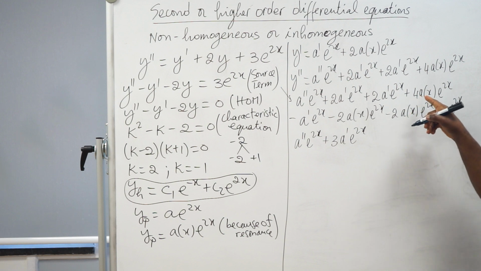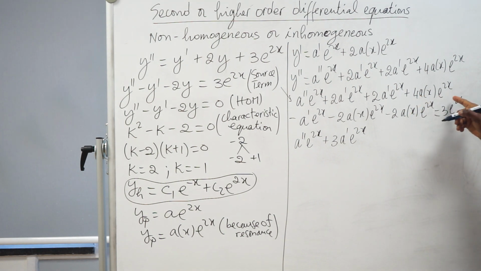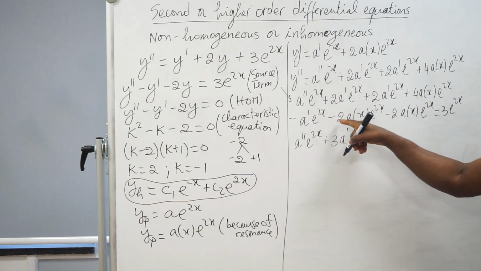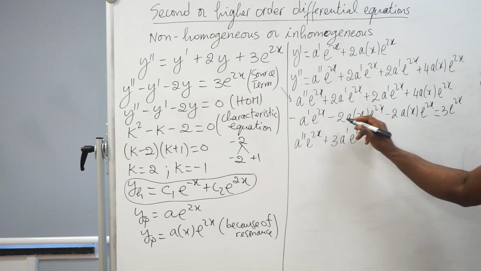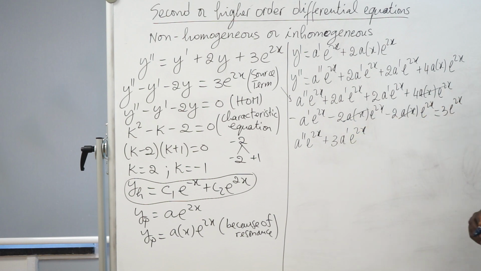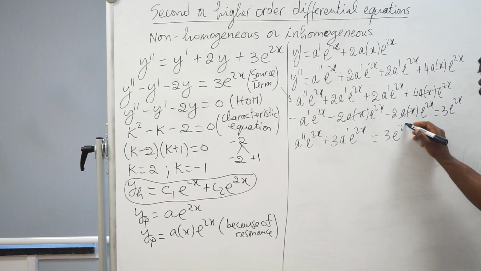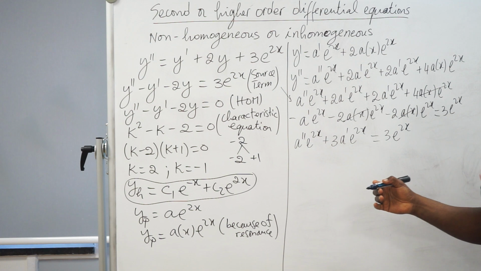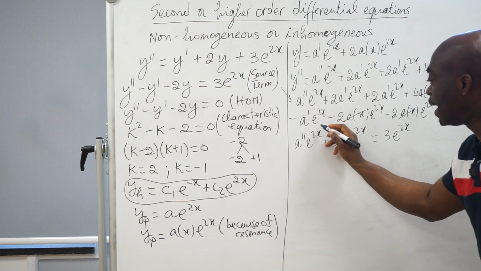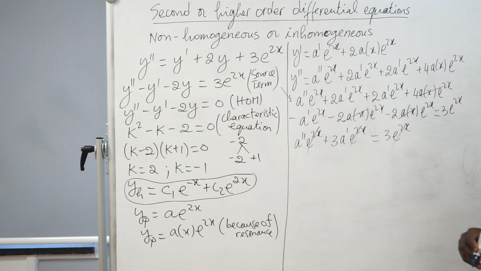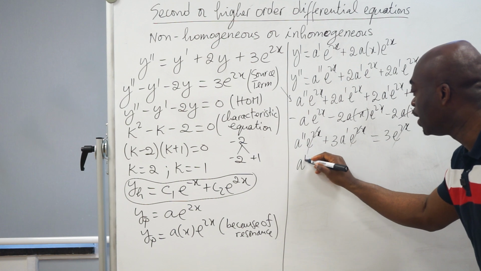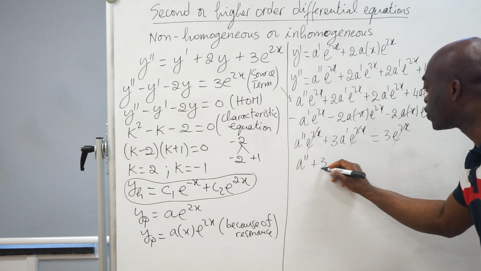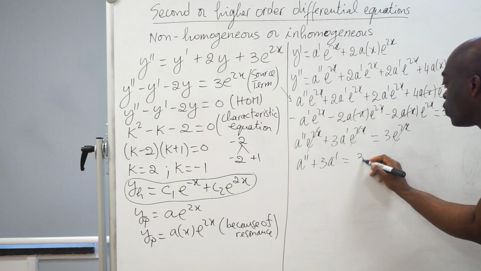And now we have 4a of x exponential 2x, which is the same as this, but this is negative, so those cross out. Everything is equal to 3 exponential 2x. So now here we are. What can we do again? We can simplify by taking away the exponential 2x, which is all around. So a double prime plus 3a prime is equal to 3.